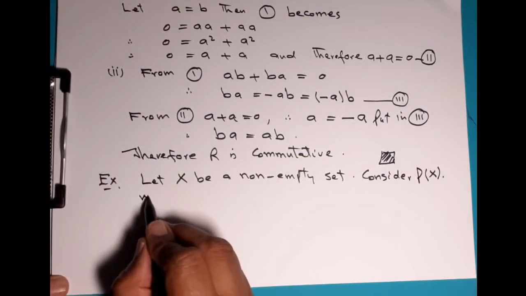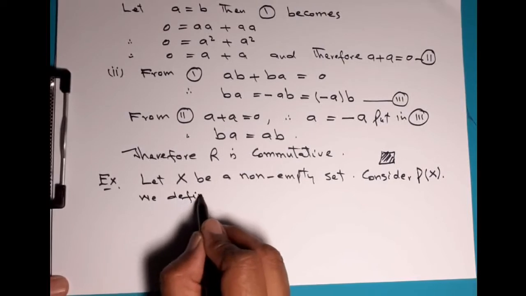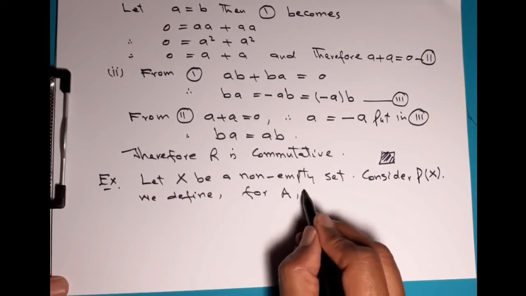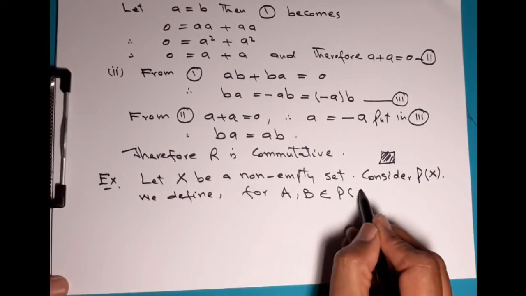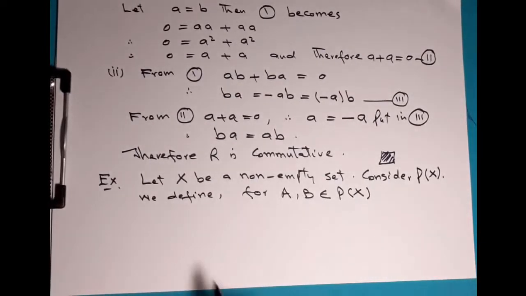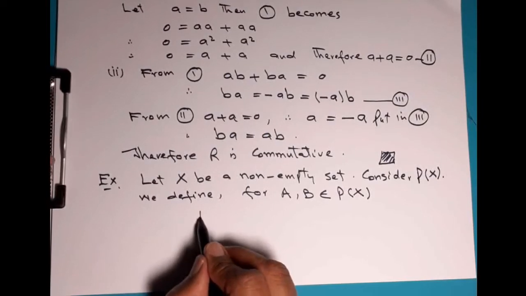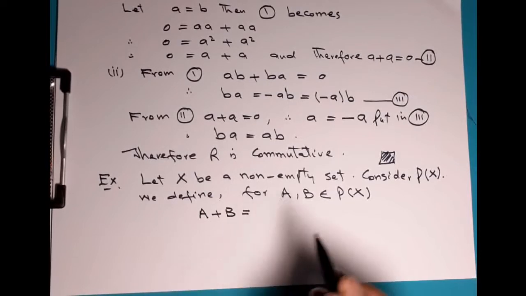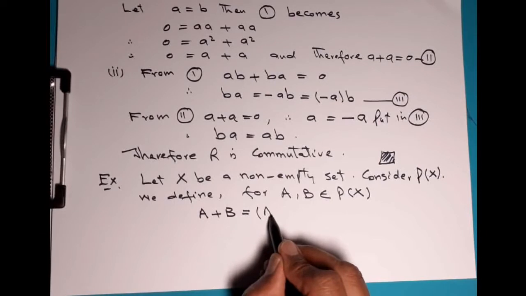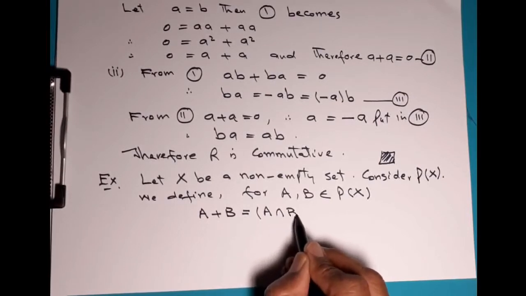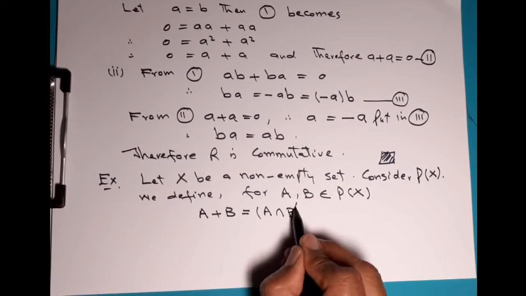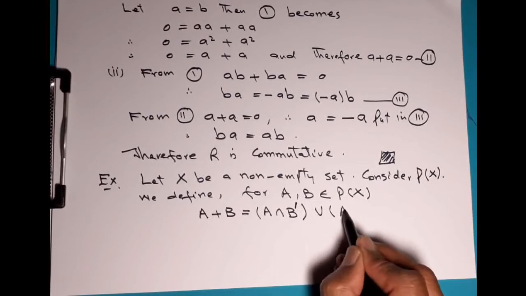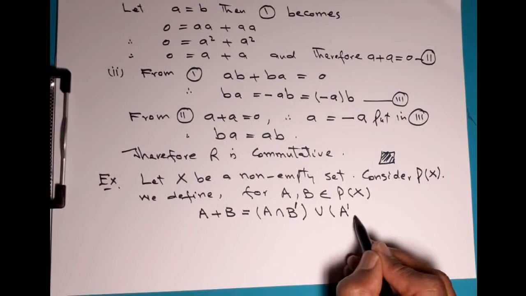We define, for any two subsets A, B of X, A, B belonging to the power set of X, addition as follows: A plus B is equal to A intersection B complement union A complement intersection B. You can write complement as c or just with a dash.